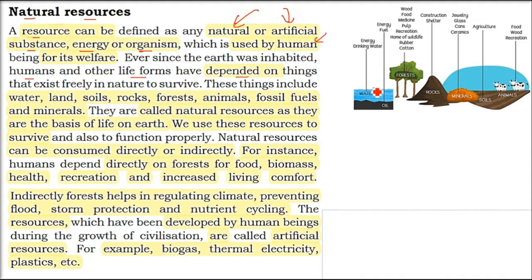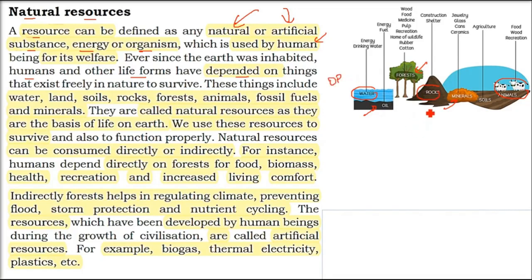So it includes everything like water, land, the soil, the rocks, the forest, the animals, the fossil fuels, the minerals. We are dependent upon these resources for our living. Okay?